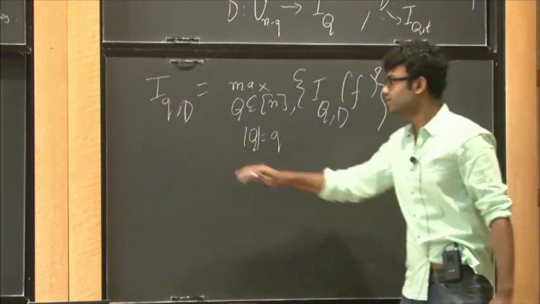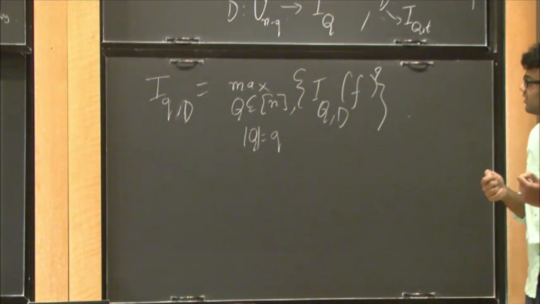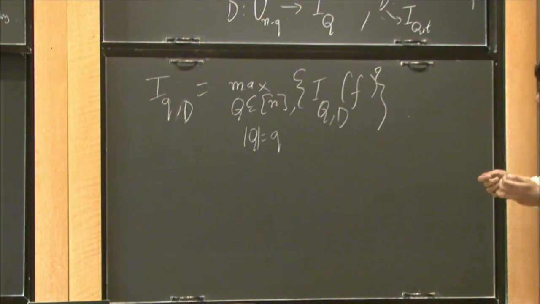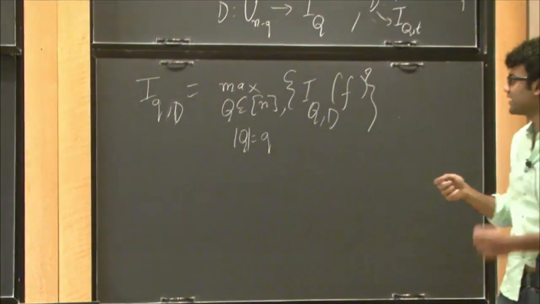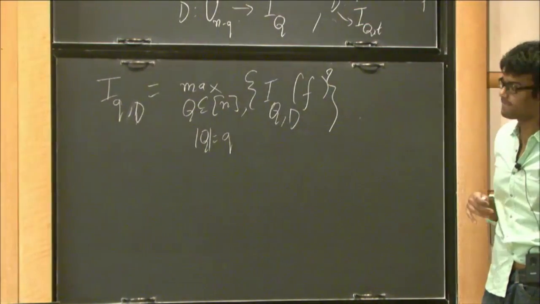So this quantity says the maximum influence that a subset of coordinates of size q can have on this function f with respect to the distribution D.